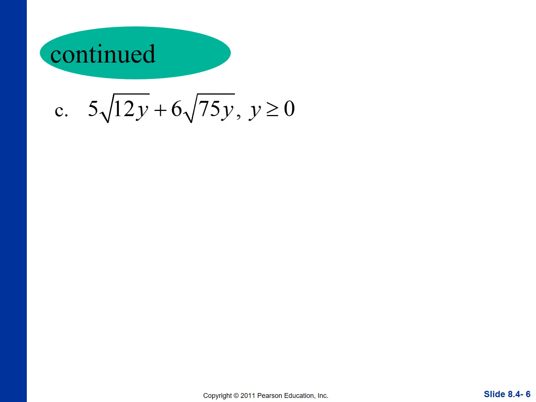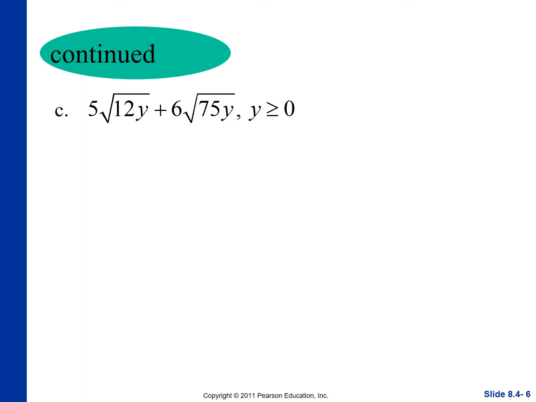Okay, if we have a variable under the radical sign, we treat it just like we've always treated them. If we can't factor it out, we leave it in there. So we have 5 times the square root of 12y plus 6 times the square root of 75y.